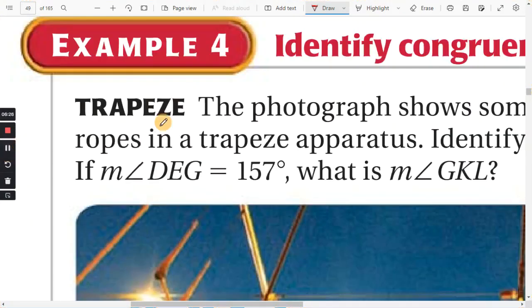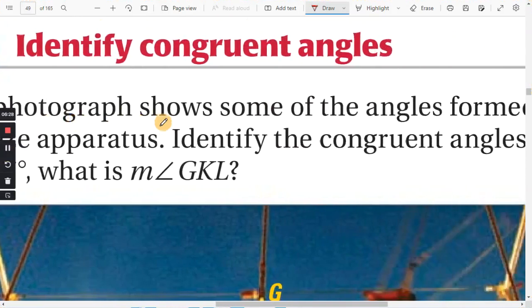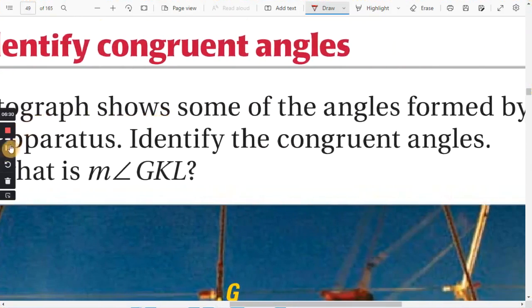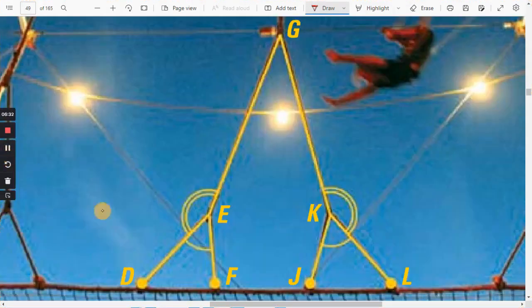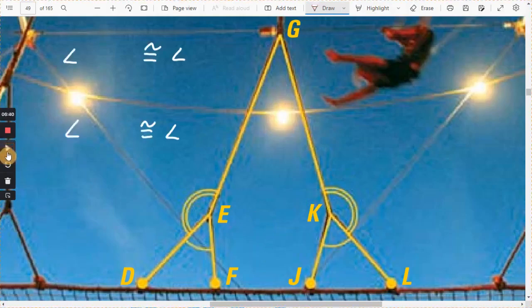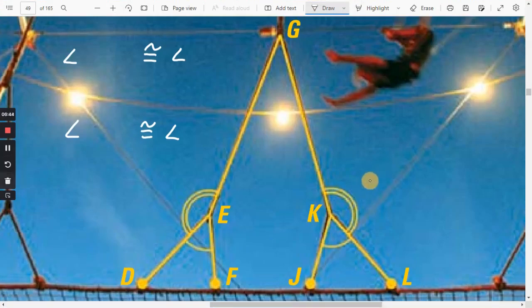Okay, example 4. Let's try to identify the congruent angles. Let's take a look. Okay, looking at this, see if you can pick 2 pairs of angles that are congruent. Use 3 letters each. All right, let's do the ones with 2 marks first. See this one here? It has the 2 markings, so that is going to be angle GKL. All right, so I'm going to write GKL.